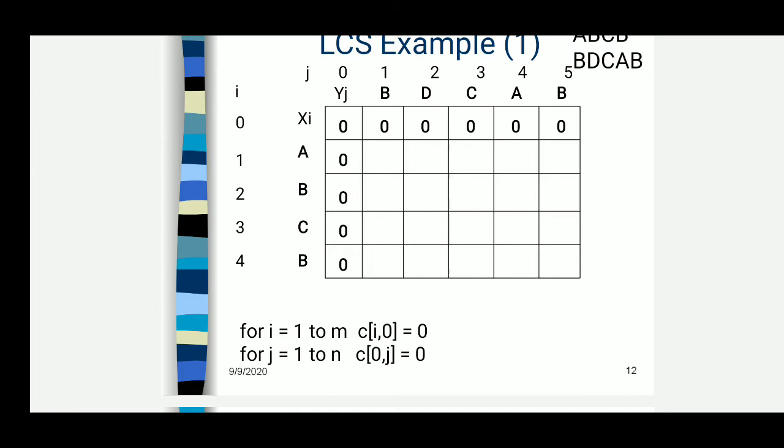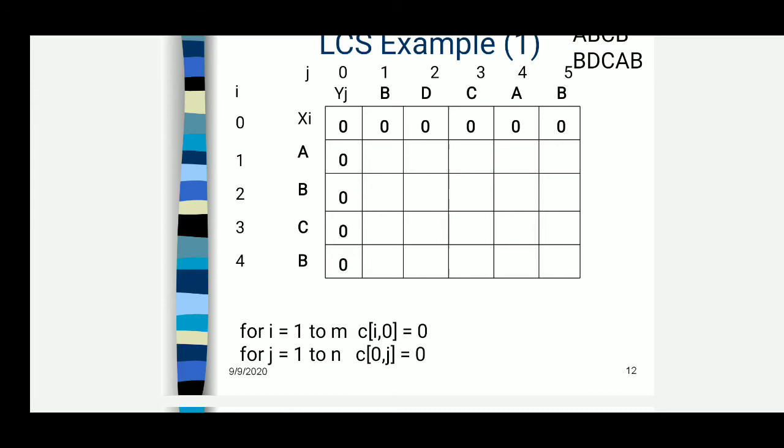Now we will compute the cost matrix value C11. The first character in sequence X is a and the first character in sequence y is b. So a is not equal to b, a is not similar to b.